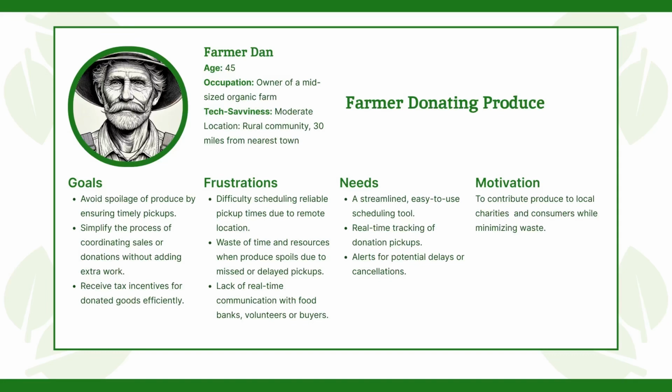So this is Farmer Dan that just wants to have a user-friendly application to sell his fresh food, to receive a receipt for his donation, as well as being able to communicate with different charities and read a little bit of information about those charities as well.